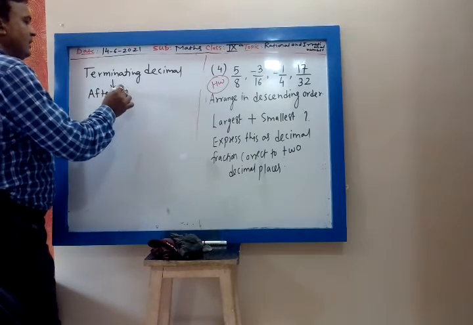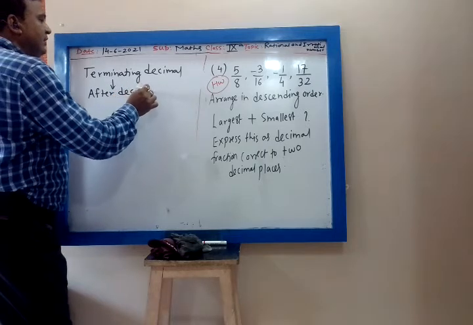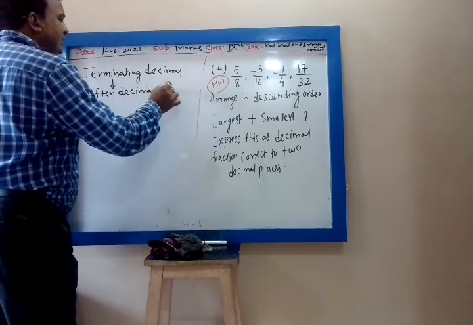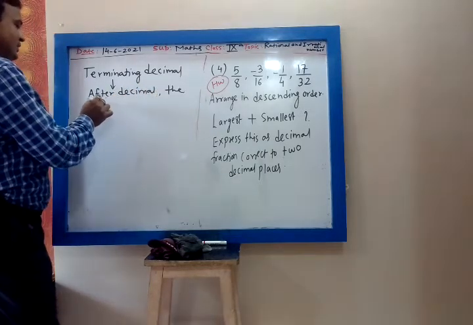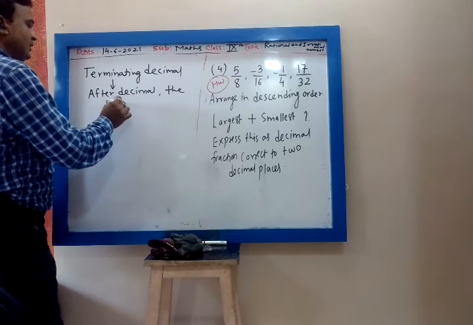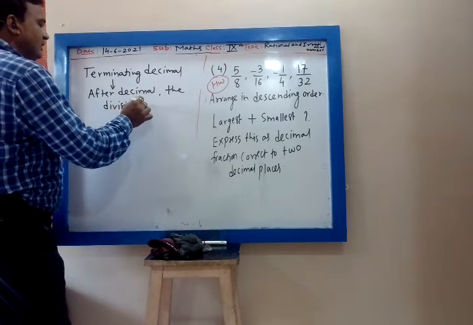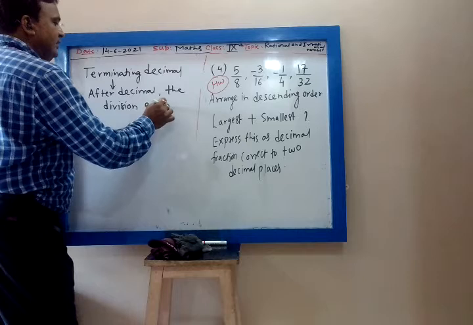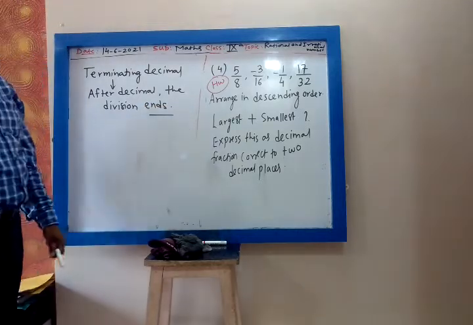After decimal, the division process ends. The division process ends means it is terminating decimal.